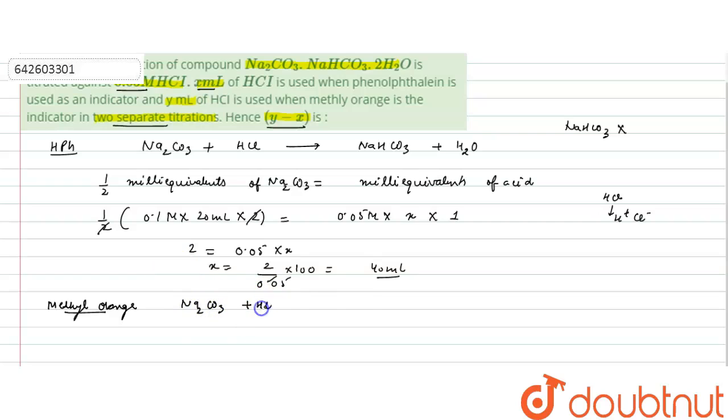Na2CO3 will react with HCl and form NaHCO3 plus water, and NaHCO3 will react with HCl and form NaCl plus H2CO3. So this NaHCO3 will also get neutralized to NaCl plus H2CO3. It means both Na2CO3 and NaHCO3 will get completely neutralized.